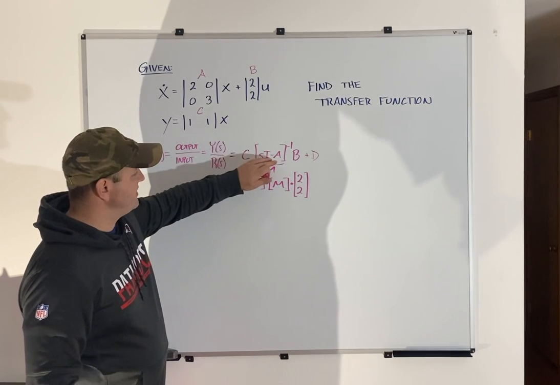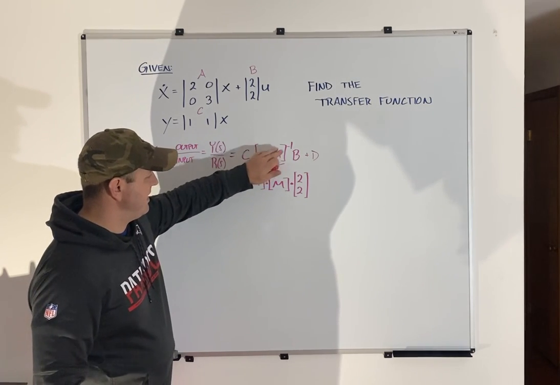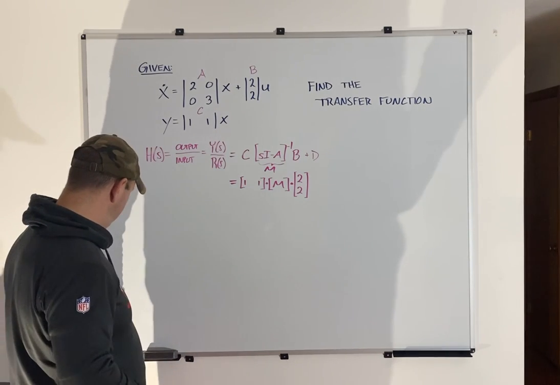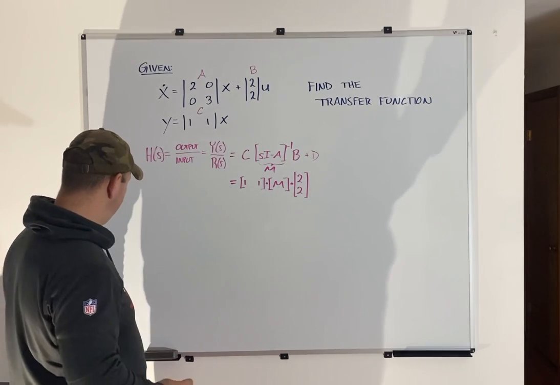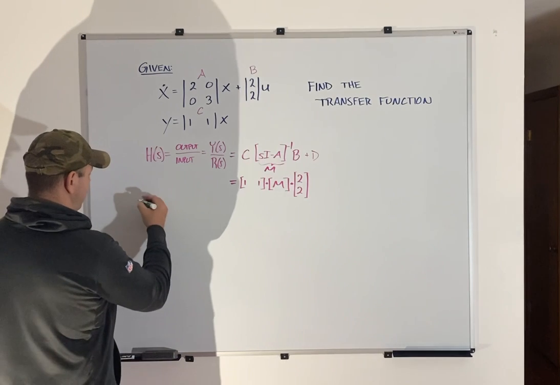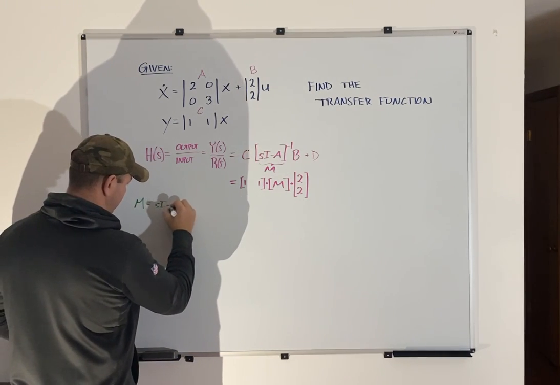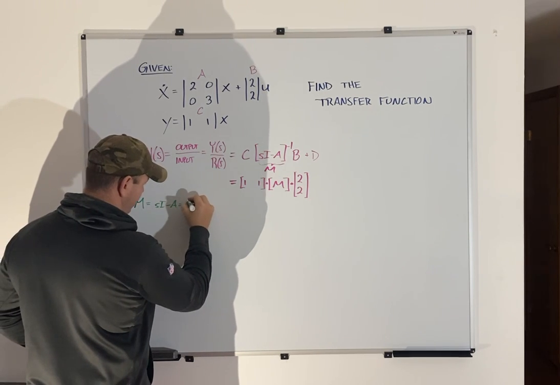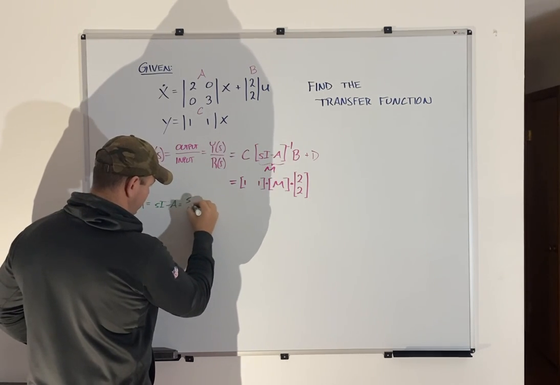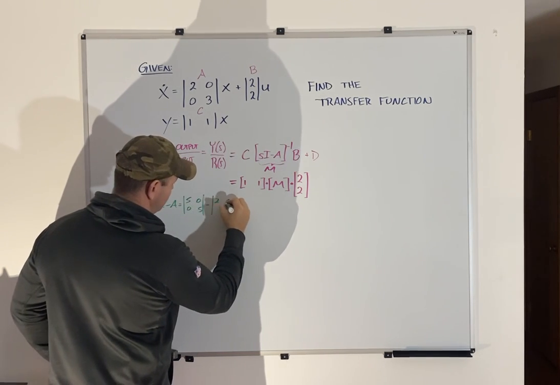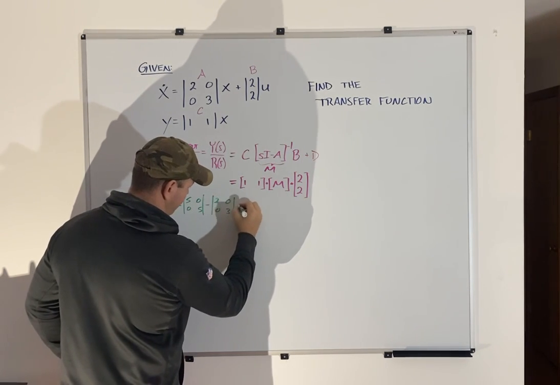And the real meat and potatoes of it is right in here, this (sI minus A) inverse, which I'm calling M. So let's deal with M in green real quick. M is equal to sI minus A, which is equal to s, s, 0, 0 minus A, 2, 0, 0, 3.